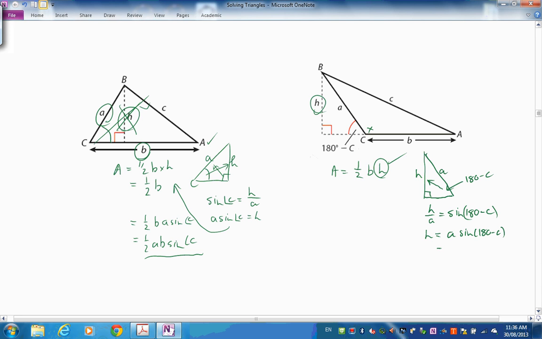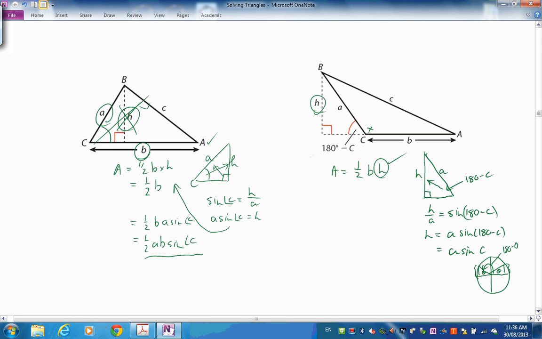But hang on, the sine of 180 take an angle is the same as the sine of the angle, the same as sine angle C. Remember that from our unit circle work. If that was our angle theta and we put an angle theta there and made congruent triangles, they both have the same y's. They have the same sine.